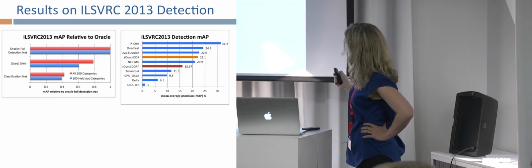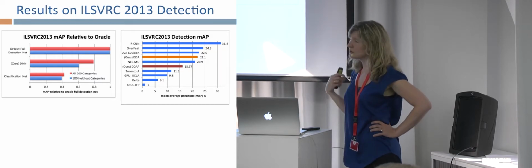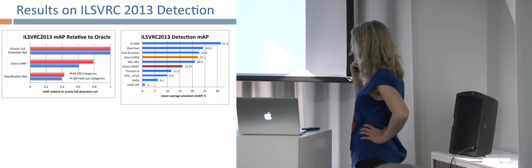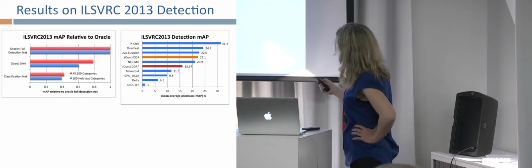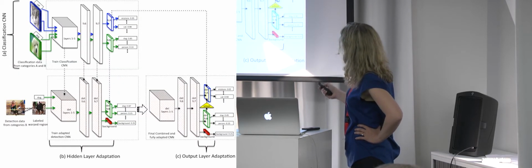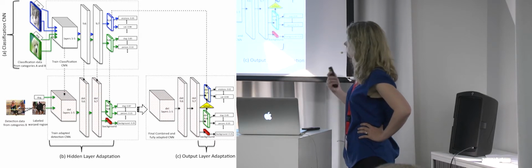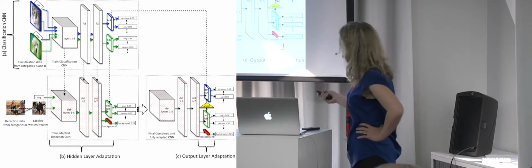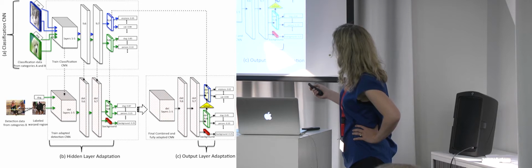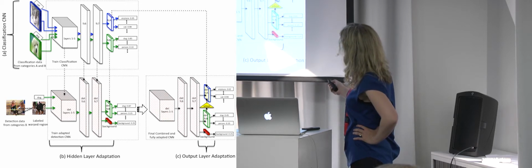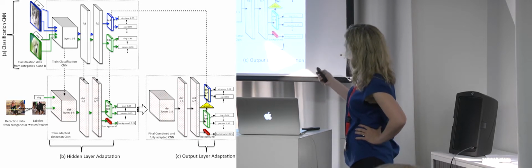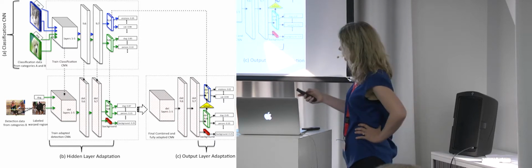RCNN is the current top performing algorithm. This was just shown at CVPR a few weeks ago, and it's doing something very similar, but not this adaptation and transfer from classification to detection.